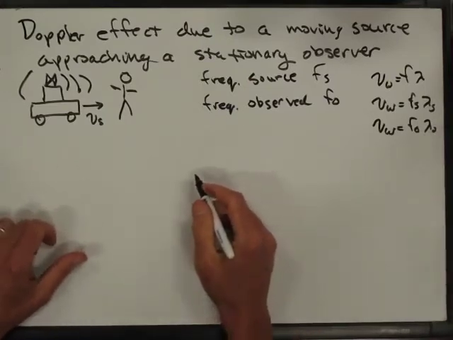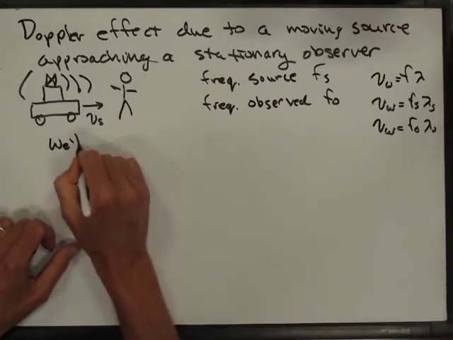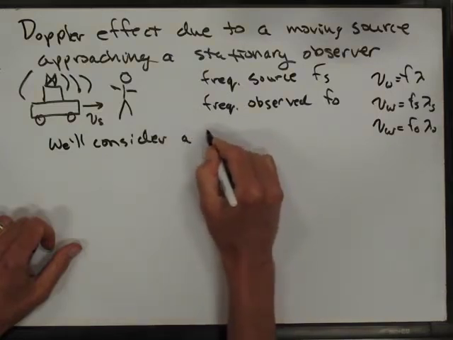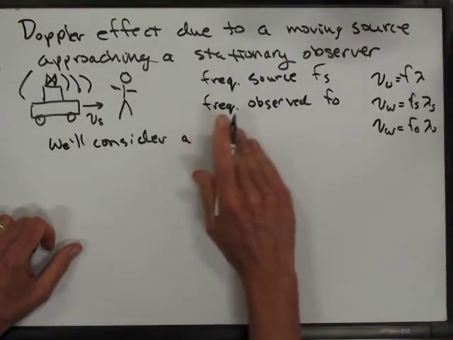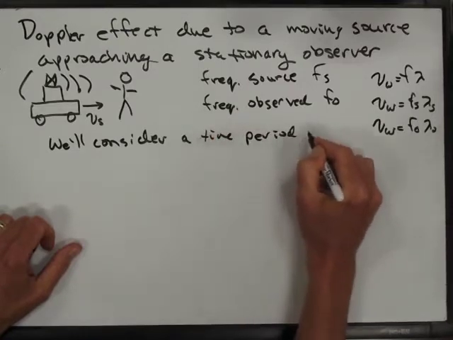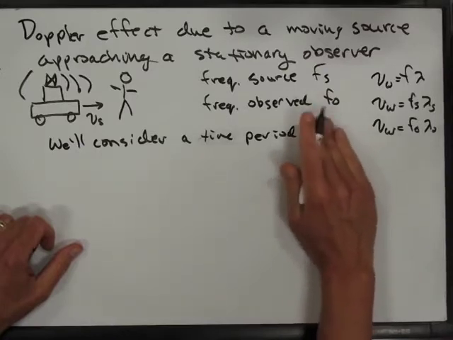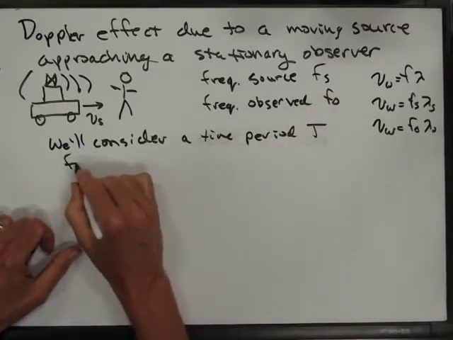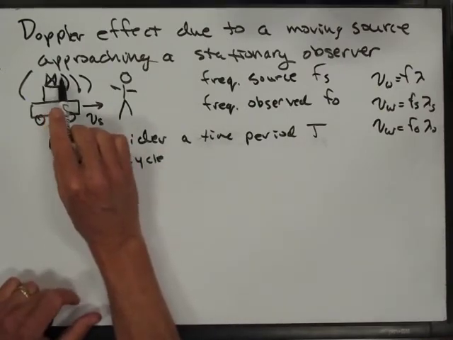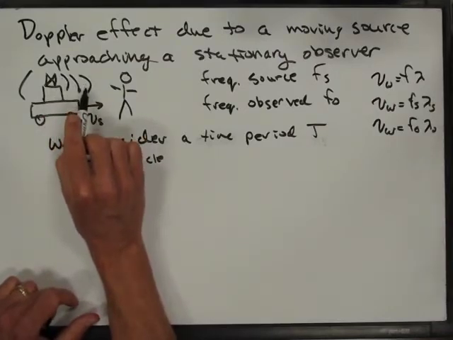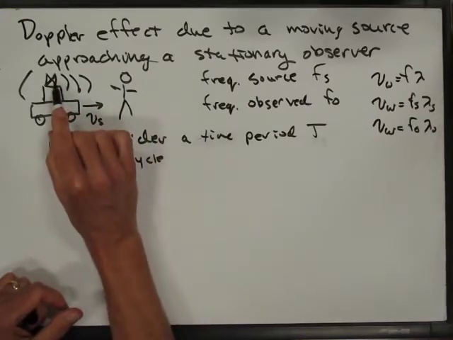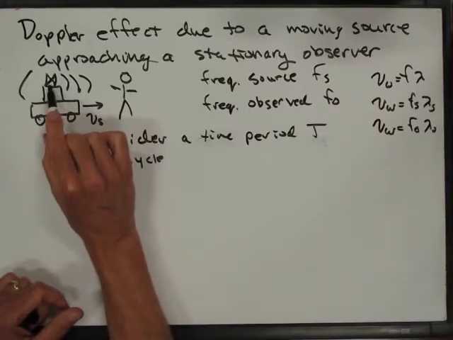And so first I'm going to say, look, we'll consider a time period t for one cycle. In other words, let's say these lines represent the peak of the wave that's coming out, right? And so the period t is the time between when one peak comes out and when the next peak comes out, right?